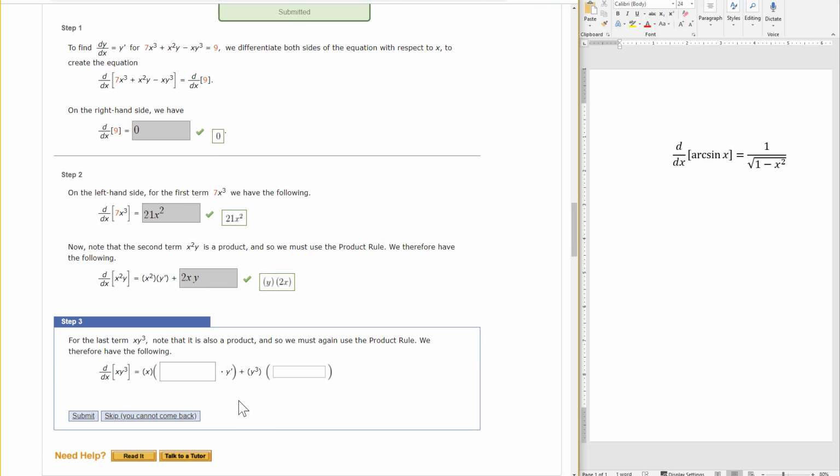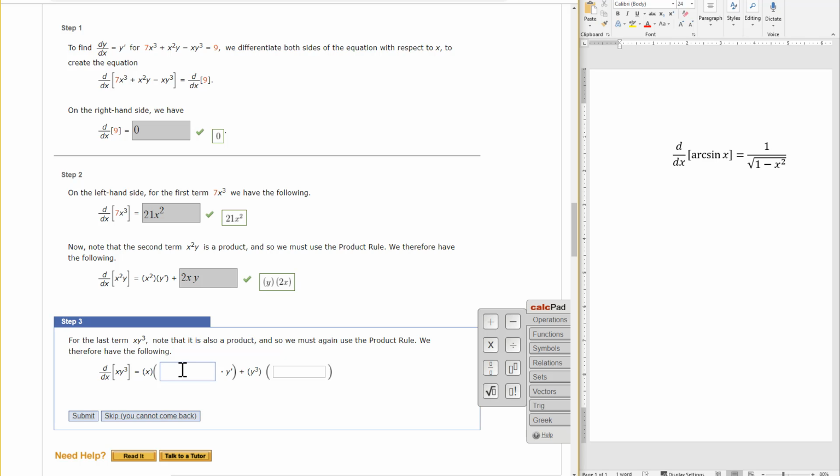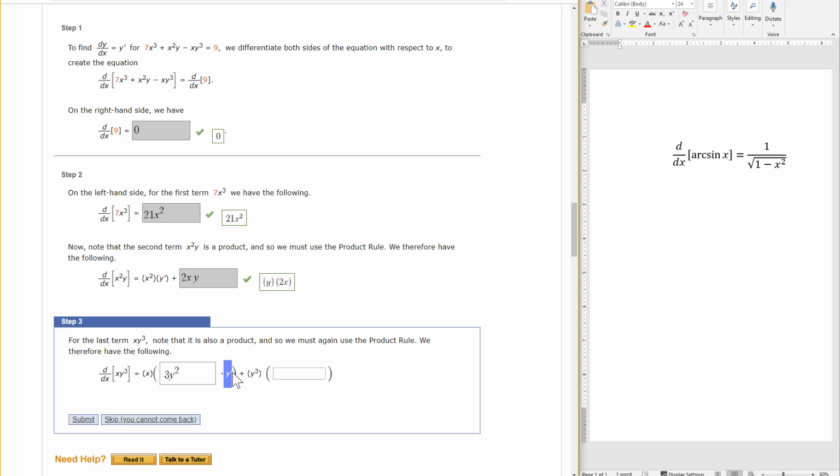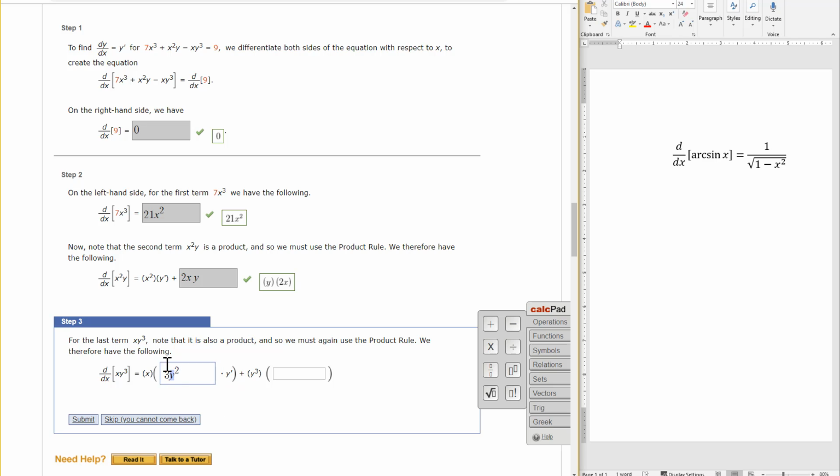And then that last one is similar, it's still a product rule. So we're going to take a look at the first term times the derivative of the second term. The derivative of the second term is going to be 3y to the second power, times the derivative of the inside of the function. They did this for us.